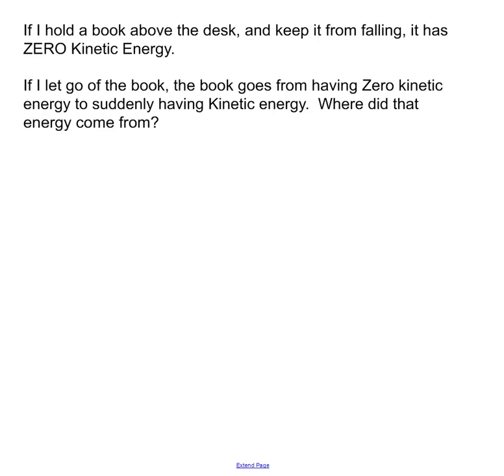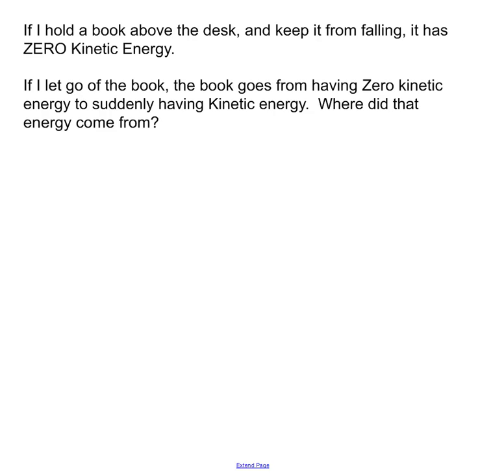The idea is that it's a stored form of energy, and that energy is stored when we do work against Earth's gravitational field. By lifting something up, away from the center of the Earth, we are giving that thing gravitational potential energy. It can be there because of the mass of the Earth and Earth's gravitational field.